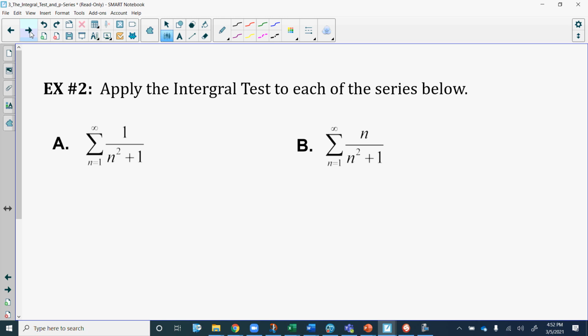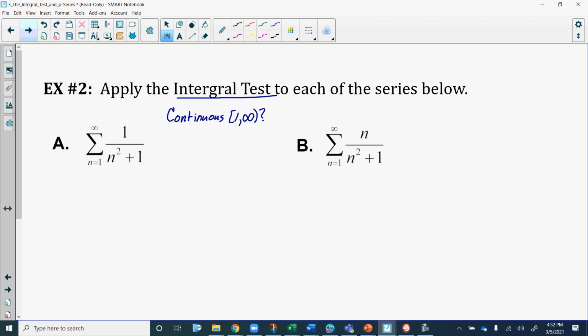Okay, so I'm going to do part A. This is the checklist that I kind of go through in my head. First of all, according to the integral test, because that's what we're doing, is the sequence continuous? And when we're looking at continuous, we're looking at it on the interval from 1 to infinity, because that's what a sequence looks for. Okay, so is it continuous?